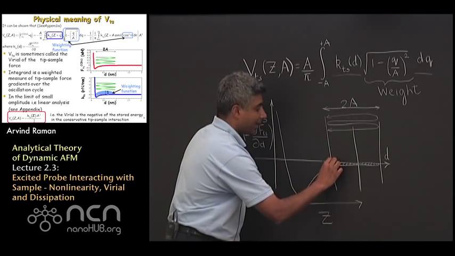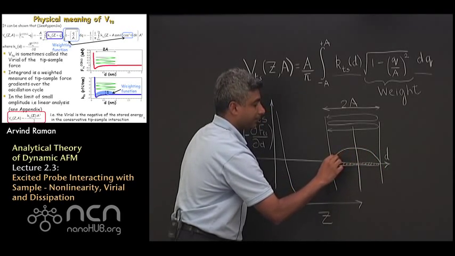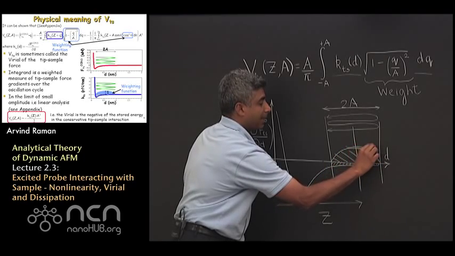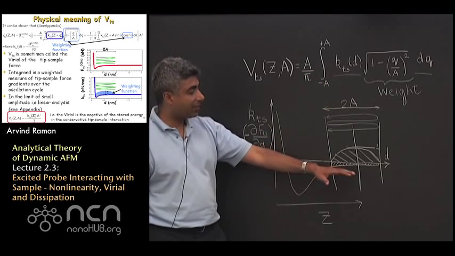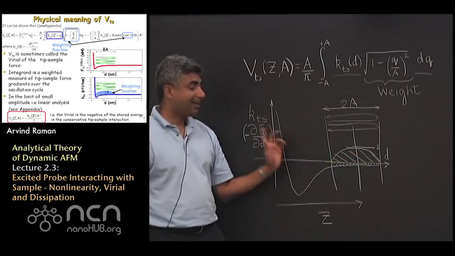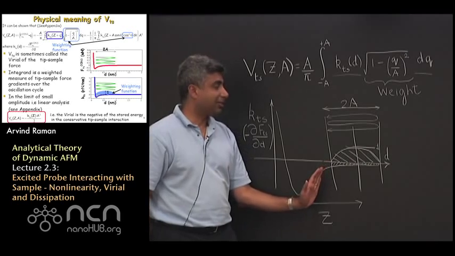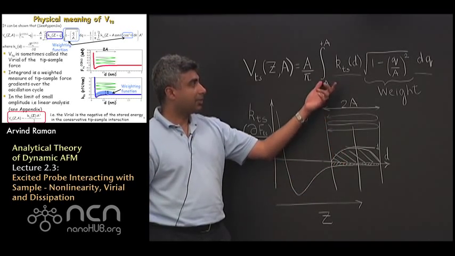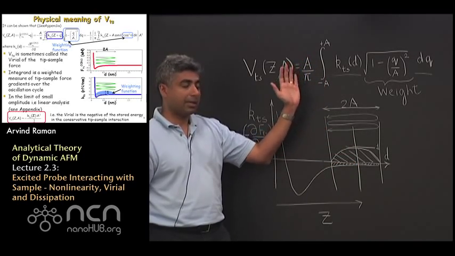So this represents a weighting function that does this, reaching a maximum value of 1. So really what this integrand represents is a weighted area under the KTS versus d graph traversed during the oscillation cycle. The product of these two is what we're integrating, and that's the integrand that we're dealing with.